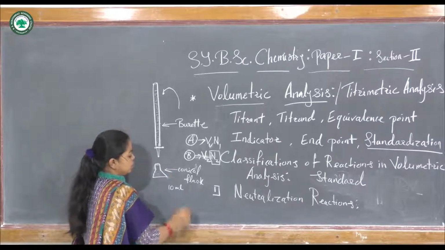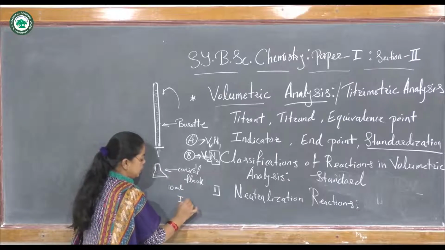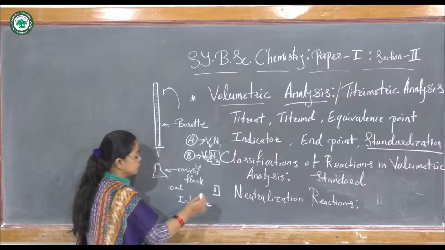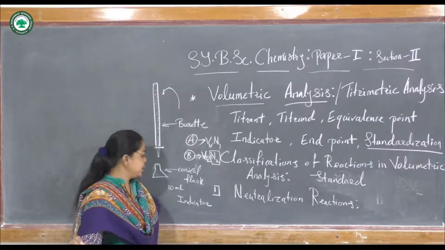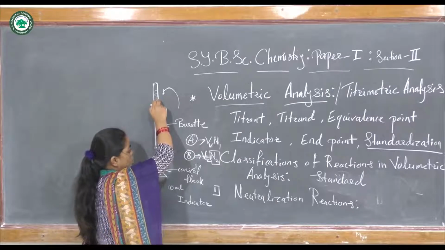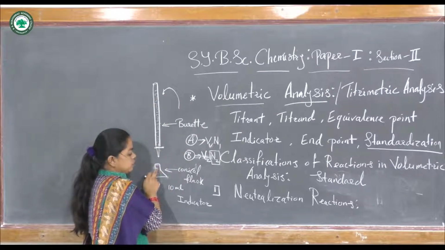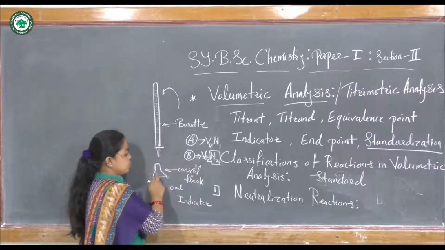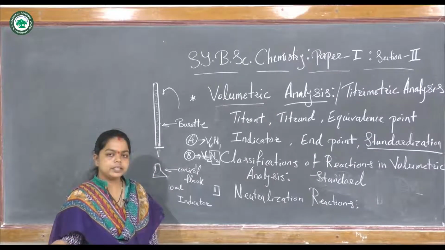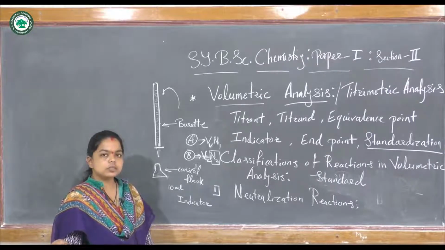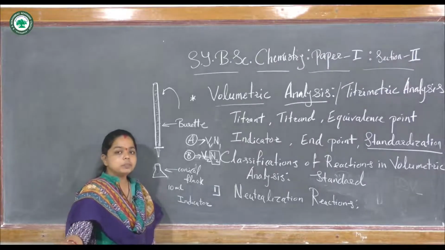Further, an indicator is added in this conical flask, and the solution from the burette is allowed to react with the solution present in the conical flask. Slowly, the solution is added dropwise. After these two samples react, the completion of the reaction shows at a particular end point.